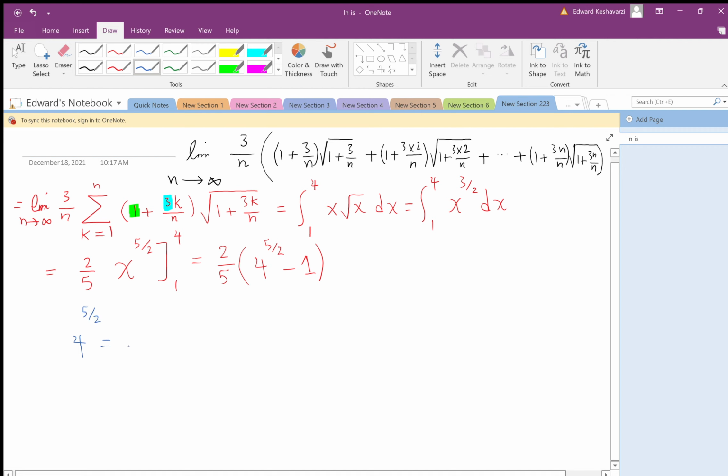Therefore, I'm going to write 4 as 2 squared. And then the 2s cancel each other out, and we're left with 2 to the power of 5, which is 32. So therefore, the answer would be 31 times 2, which is 62 over 5. So this is how we change the limit to integrals.